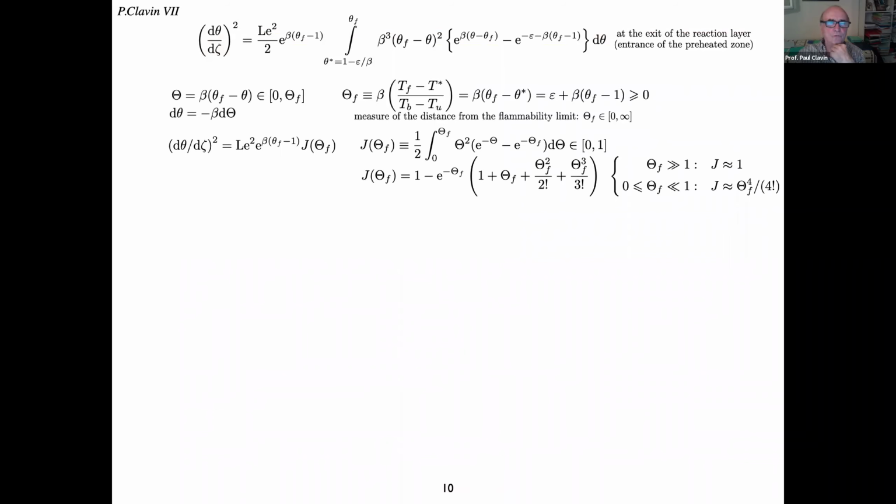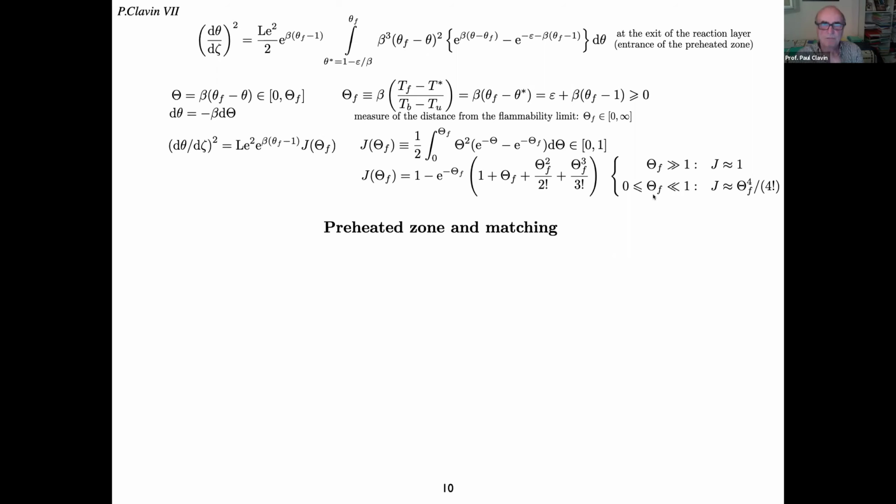you compute the same thing, and now a simplification occurs if you are considering conditions close to the flammability limit, so that this term, this theta f here, is small, and so you can develop the production rate in terms of theta f, because this theta f is close to zero when you are close to the flammability limit.